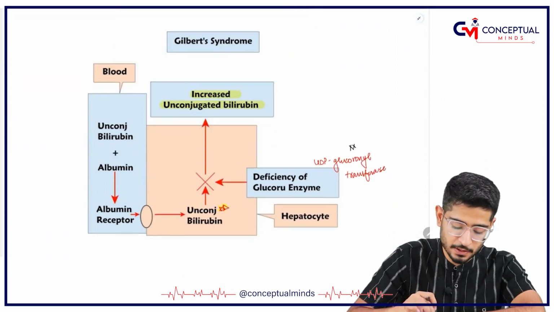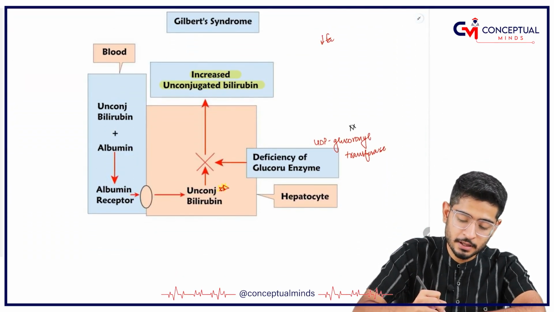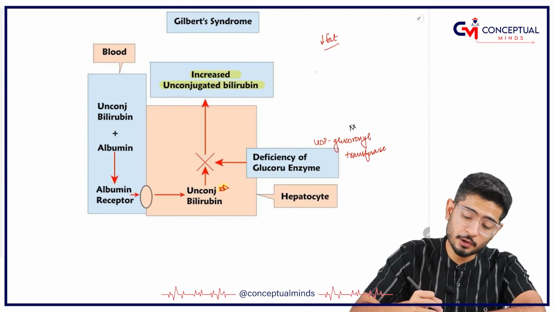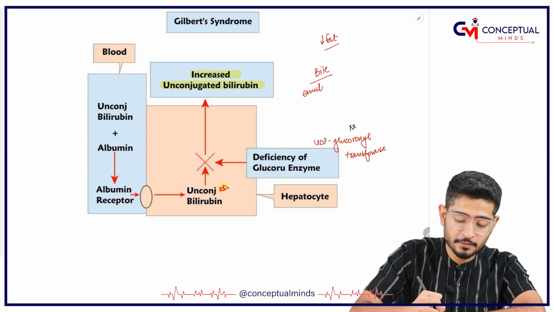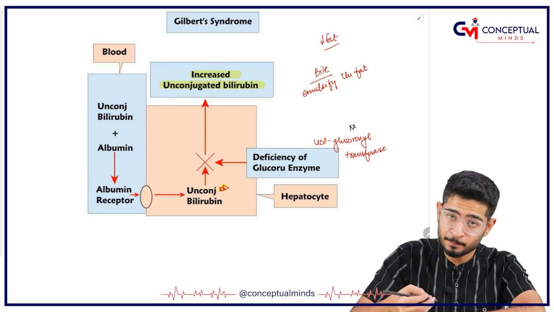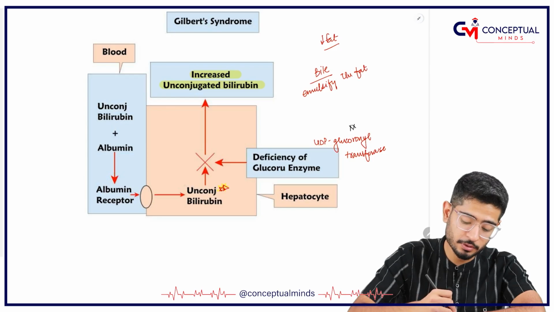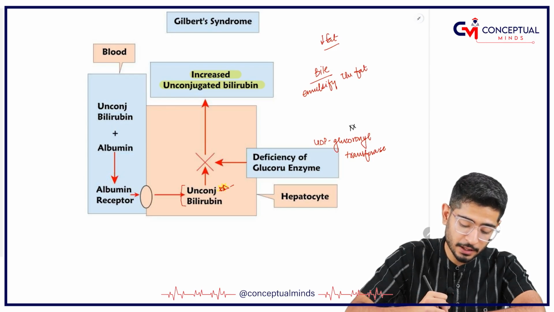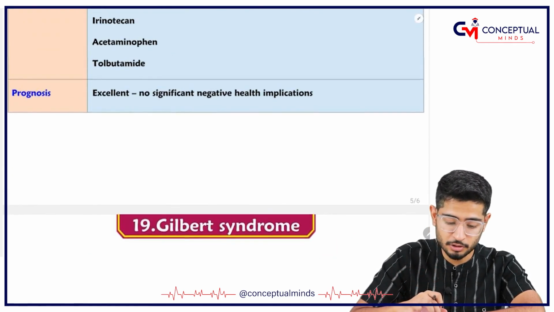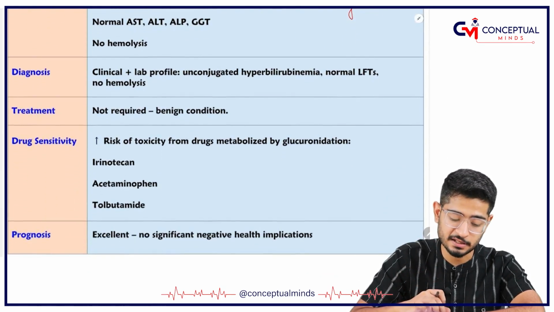So there will be a decreased amount of fat, and what we do, we require more and more bile to emulsify the coming fat. Because we need more bile, more unconjugated bilirubin is taken, but it can't be conjugated, so ultimately the unconjugated bilirubin is going to increase in the body.